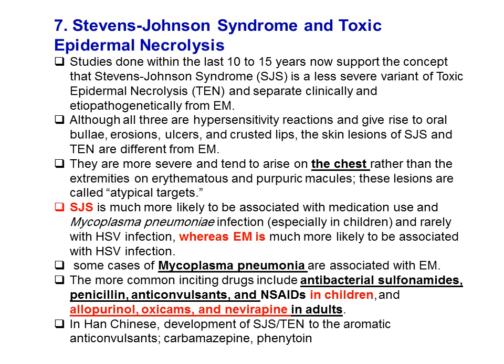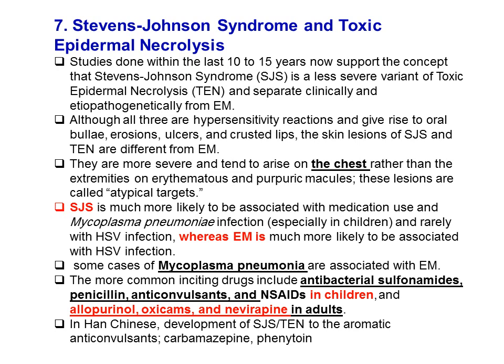Now we will talk about Stevens-Johnson syndrome and toxic epidermal necrolysis. Studies done within the last 10 to 15 years support the concept that Stevens-Johnson syndrome is a less severe variant of toxic epidermal necrolysis, and it is separated clinically and etiopathogenetically from erythema multiforme.